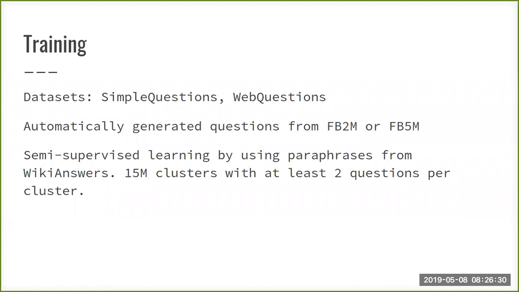For that, they use some data that was used at that time. It's taken from WikiAnswers. It's quite a lot of paraphrased questions. There are 15 million clusters of those paraphrased questions, with at least 2 questions per cluster.